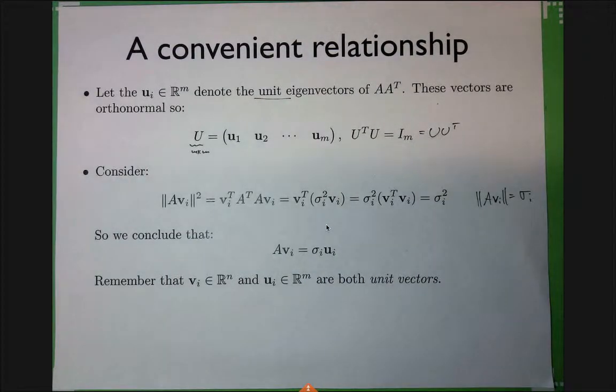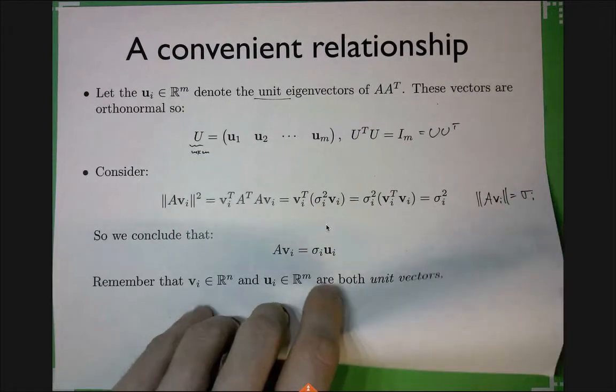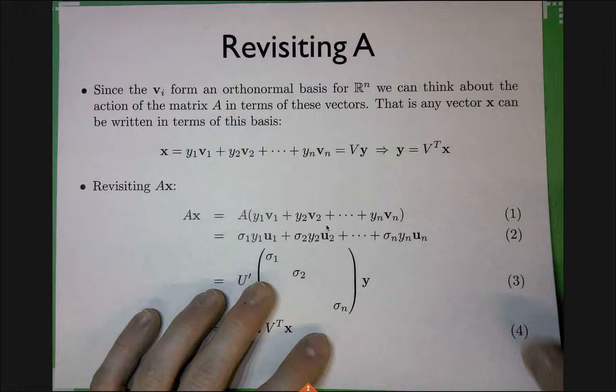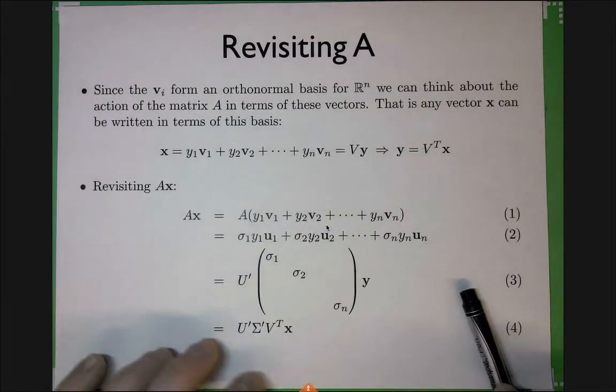All right. So now we have these funny vectors. Then we can essentially derive the singular value decomposition. One way we can look at it is the following.